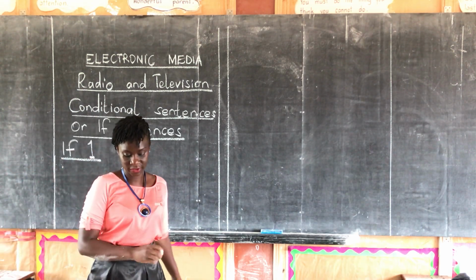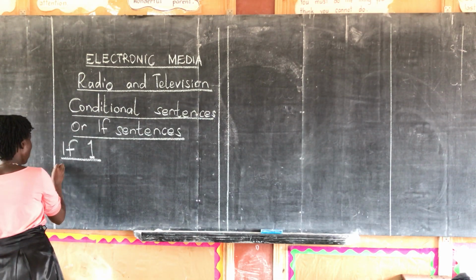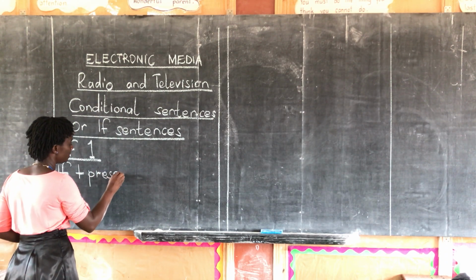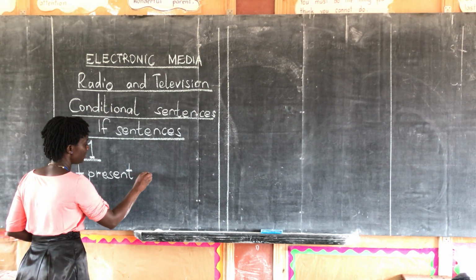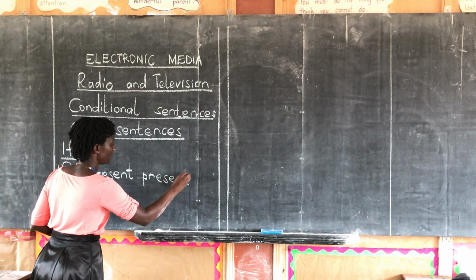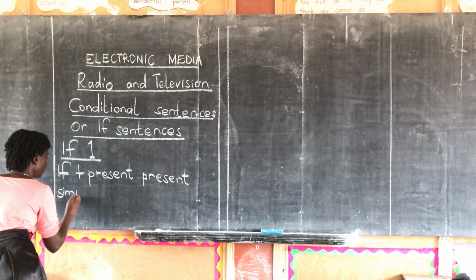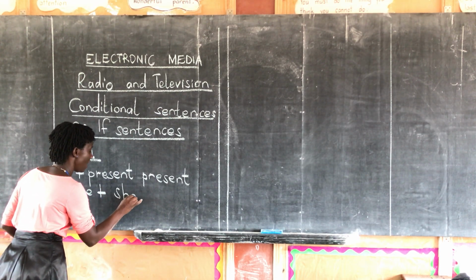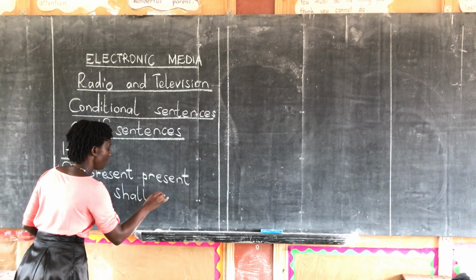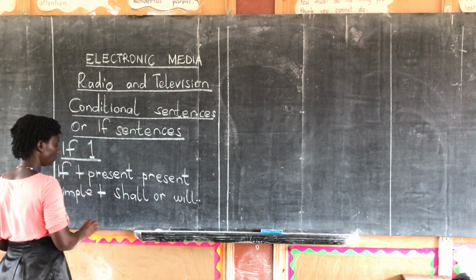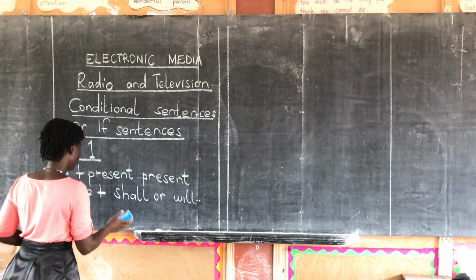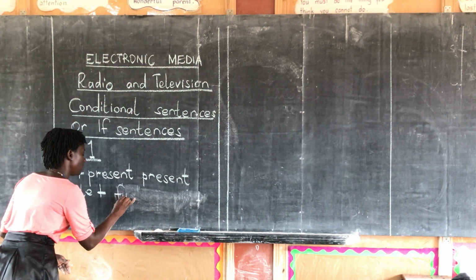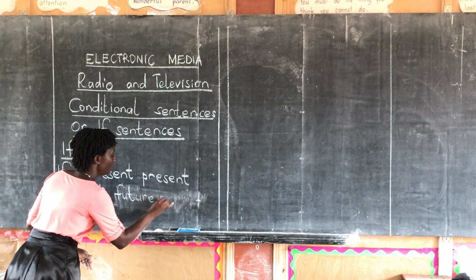In primary 5 we looked at the if one, and we said that if one takes if plus present simple, plus shall or will, future simple.